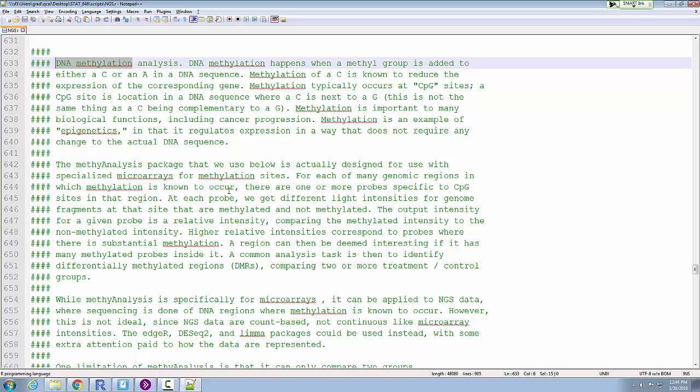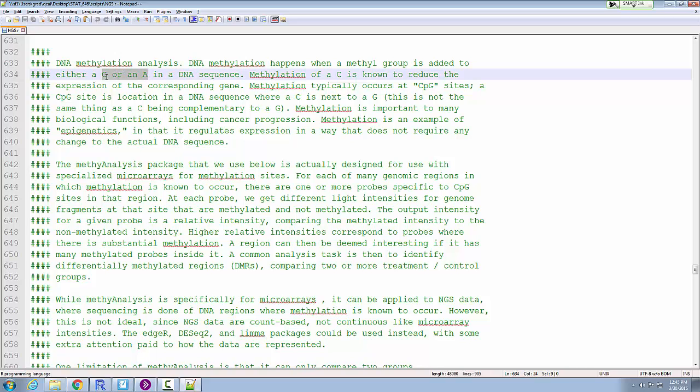And one common mechanism of regulation is methylation. Methylation means a methyl group is added to either a C or an A in a DNA sequence. So a methyl group, what is that, CH3? Yeah, okay.